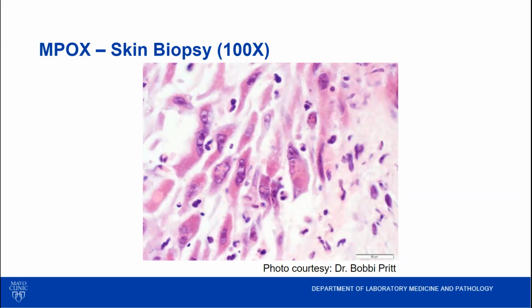And also I'll point out what's referred to as an intracytoplasmic inclusion, which is described as a Guarneri body. It was actually a description made by an Italian physician, Dr. Guarneri, who showed that these intracytoplasmic inclusions can be common in patients infected with MPOX virus.